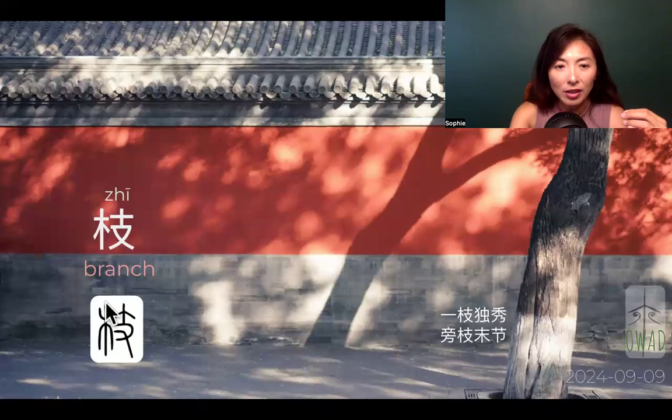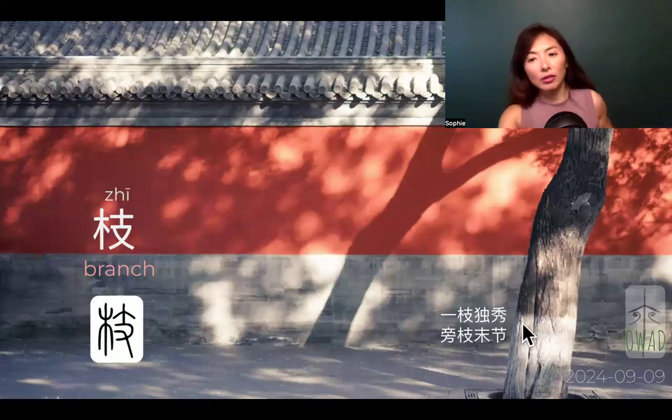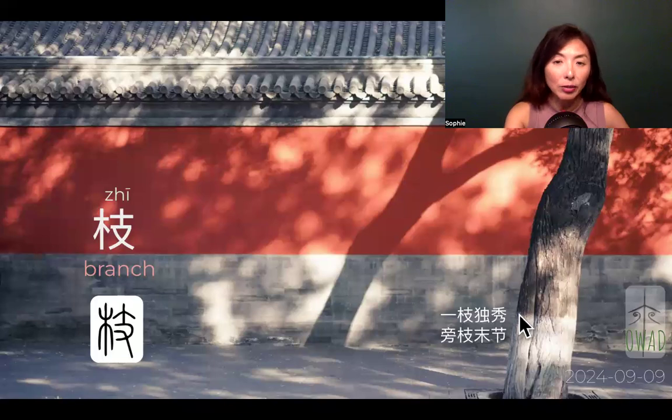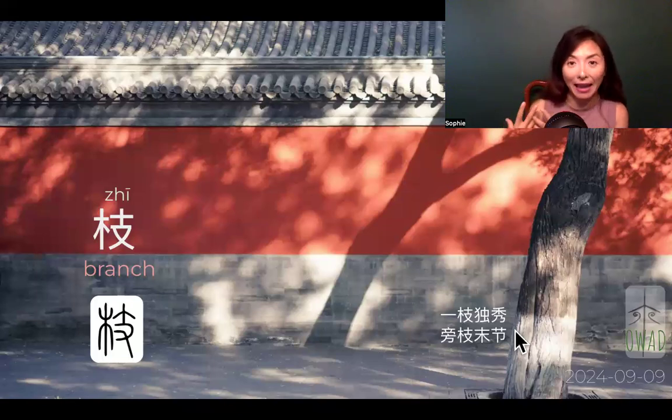You see this structure is kind of similar looking to this. So the top is a crop that's ready to be harvested, and the bottom is somebody actually carrying the crop on the back.